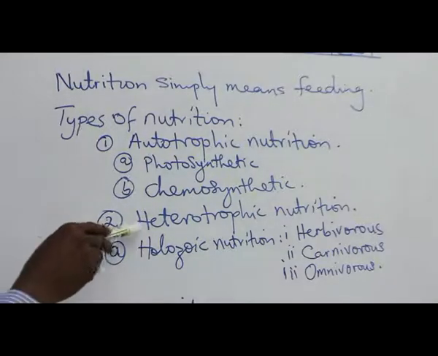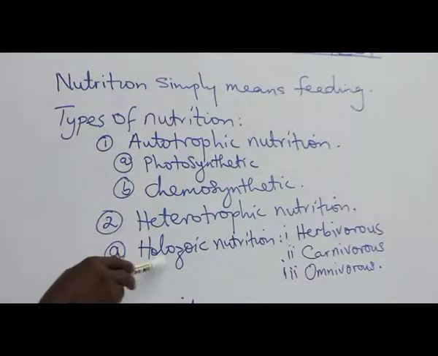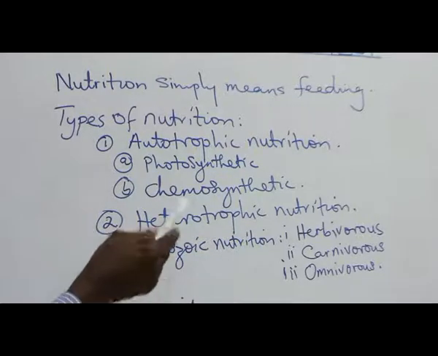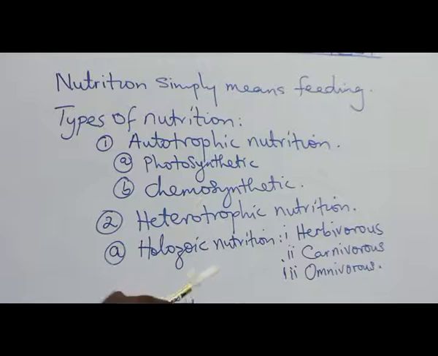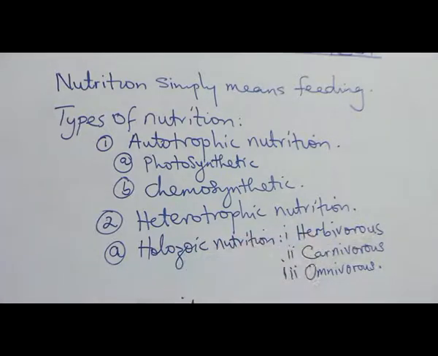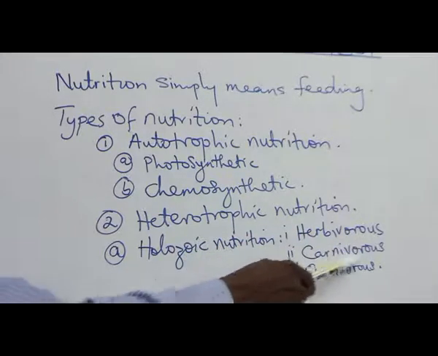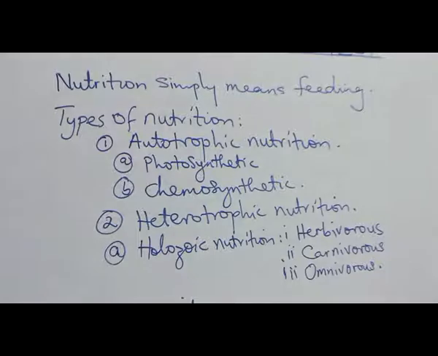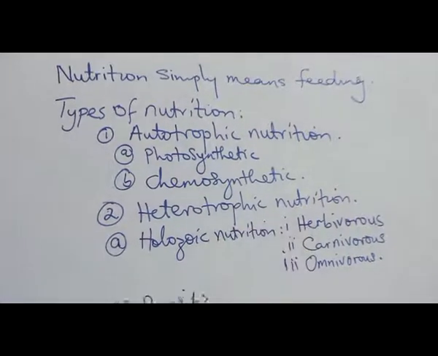And under this we have A, holozoic nutrition, feeding on solid food that requires digestion. That is where we have herbivores feeding on plant material, carnivores feeding on flesh, and omnivores feeding on both flesh and plants.